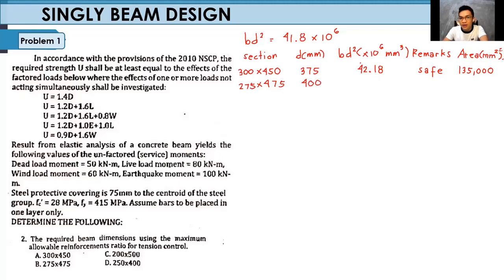Yung ating BD squared, so 275 multiplied by 475 multiplied by 475, that is sakto 44.00. So therefore, mas malaki siya sa BD squared natin na na-solve. So therefore, this is A. Di ba? So multiply natin yung kanyang area. 275 multiplied by 475. That is equivalent to 130,625.